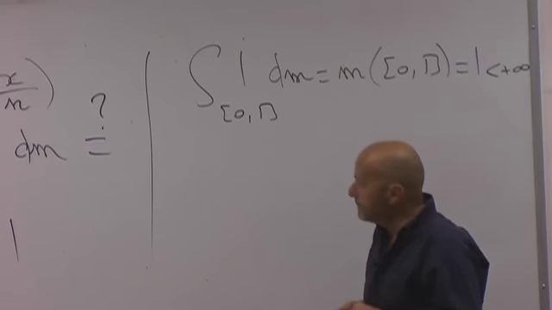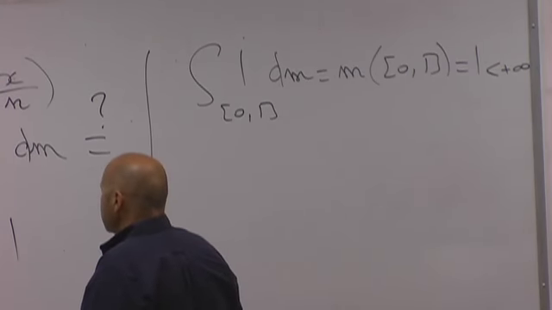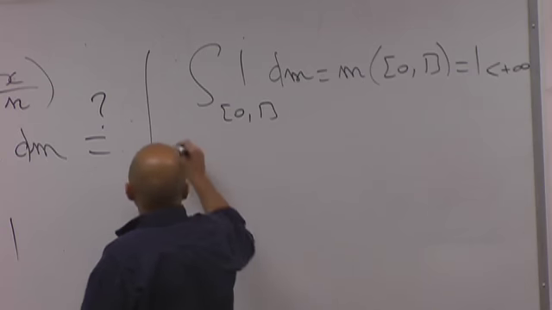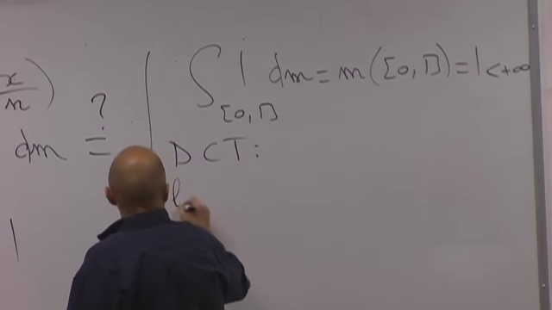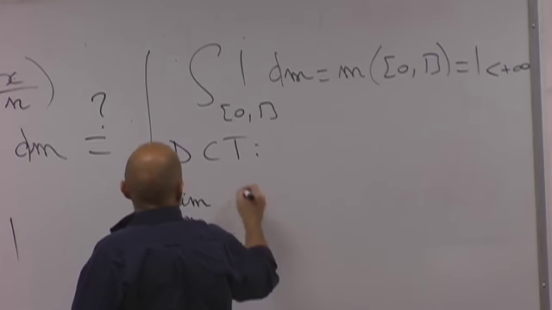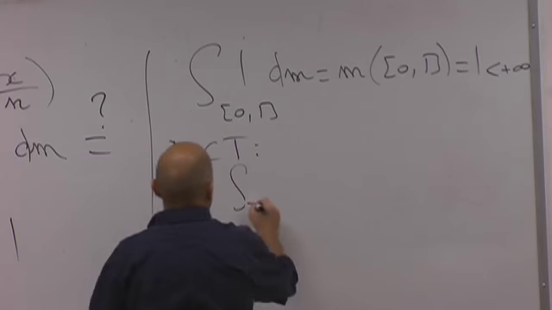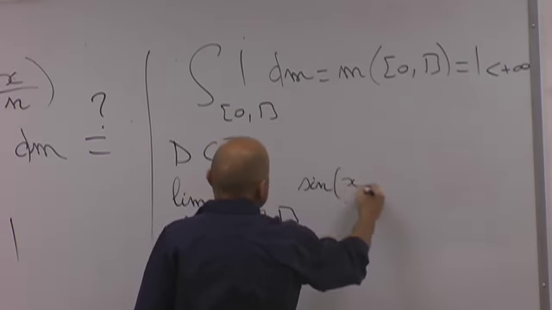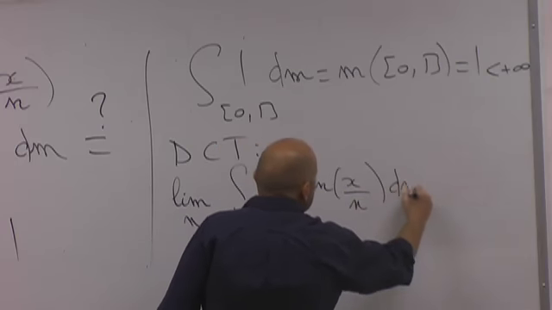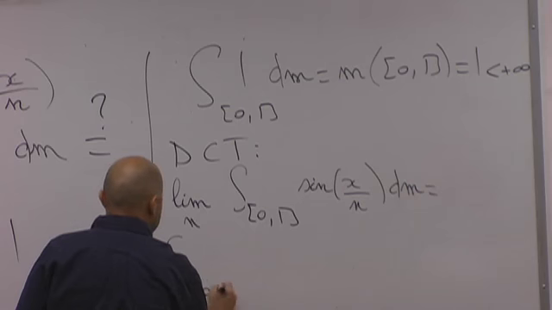So this is a dominating function, and we can apply the dominated convergence theorem, and it tells us that the limit as n goes to infinity is the integral of the limit.